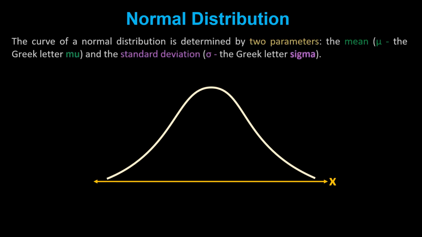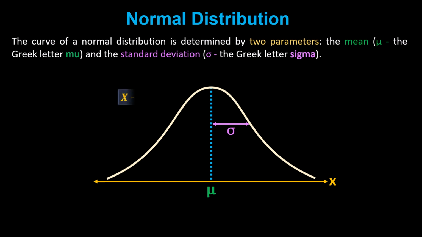The curve of a normal distribution is determined by two parameters, the mean mu and the standard deviation sigma. When we use x as a random variable, you see here the horizontal axis says x, those are the x values.